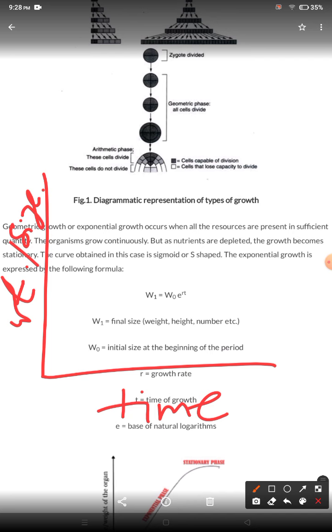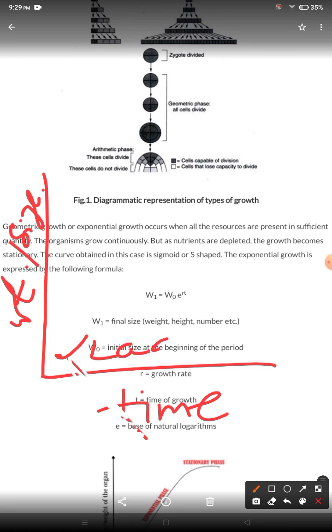At the start, there is slow growth. Slow growth takes place.